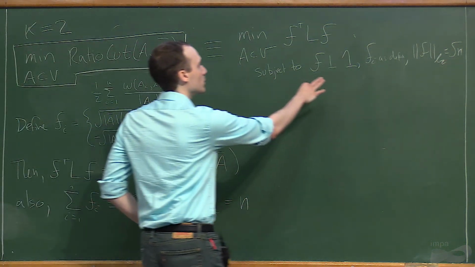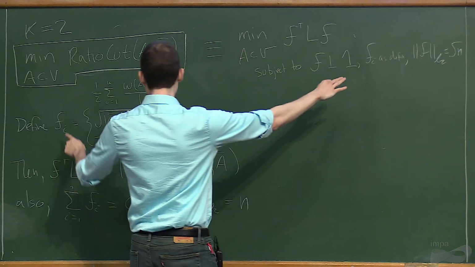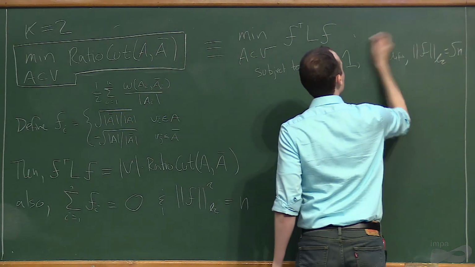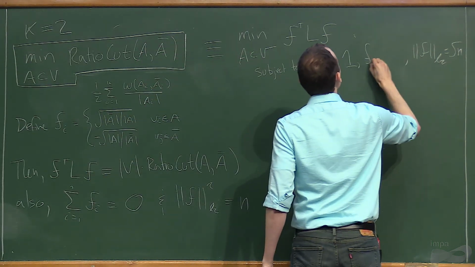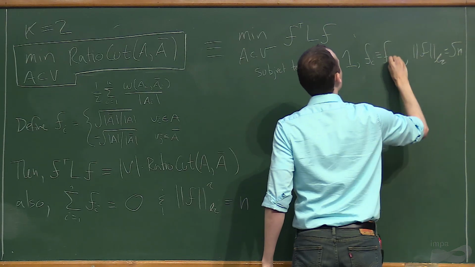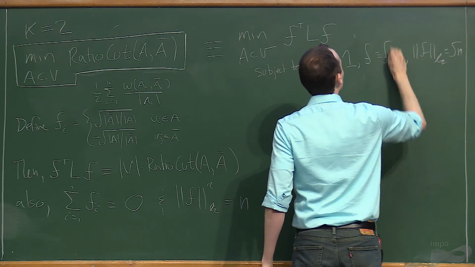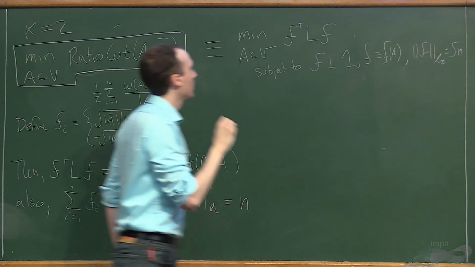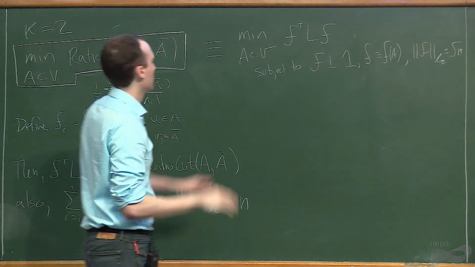So now, subject to f as defined here, with this f of a dependence, maybe it's clearer if I write f as f of a, right, depends on a.